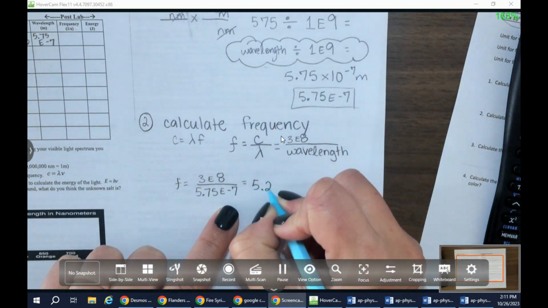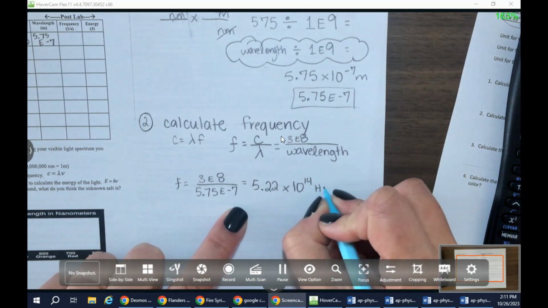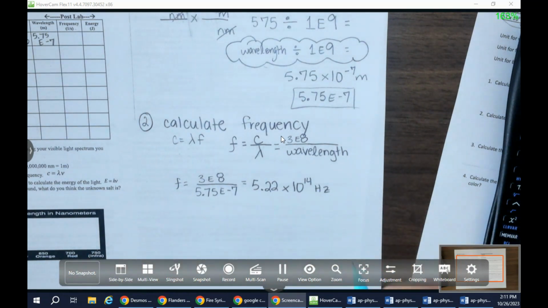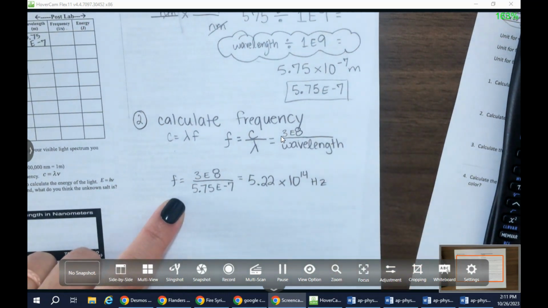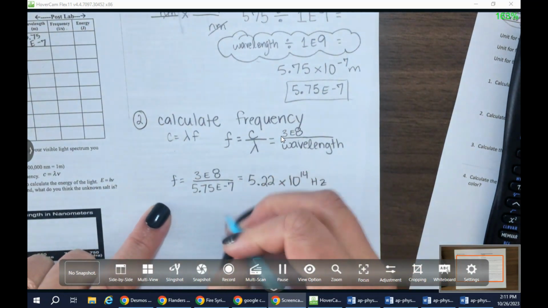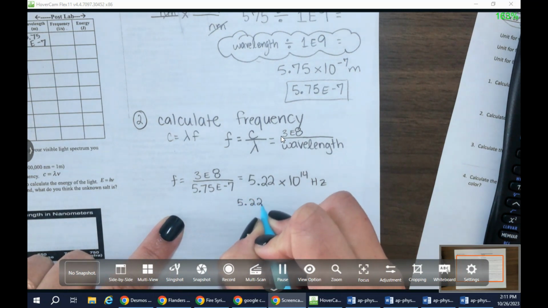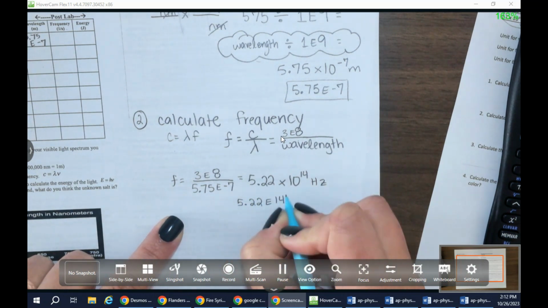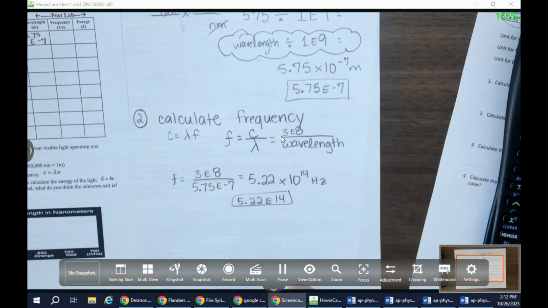So 5.22 times 10 to the 14th hertz, or 1/2. When I write it in my data table, I'm going to have 5.22 E14. So that's my frequency that I just got.